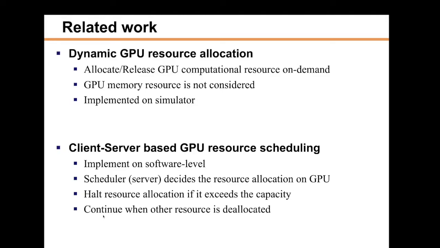And in the case of client-server-based GPU resource scheduling, a scheduler process manages GPU resources. It will halt the GPU memory allocation when it detects that physical capacity is exceeded, and lets the program or process continue when other resources are deallocated.